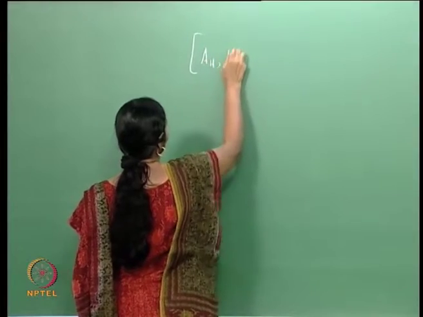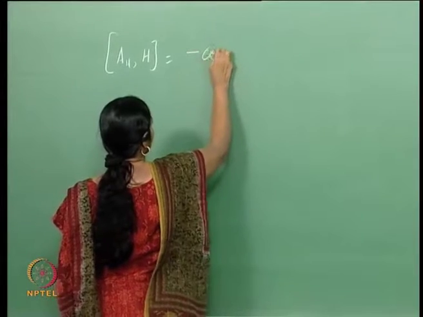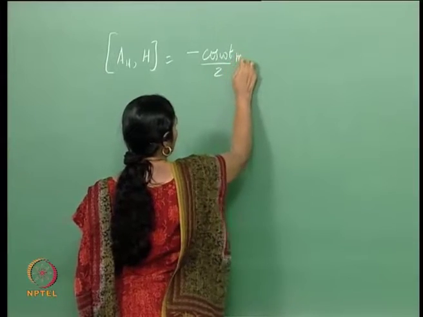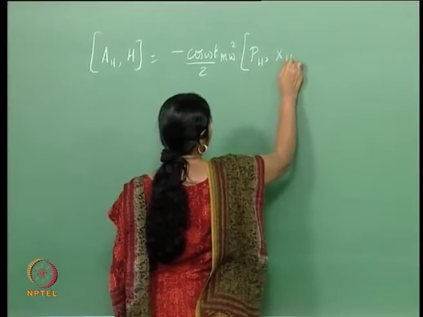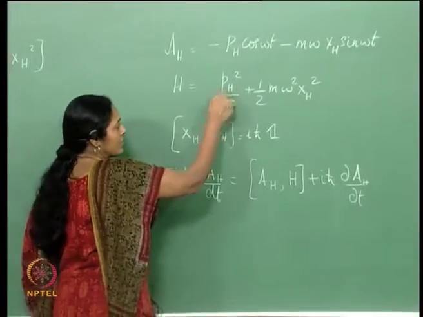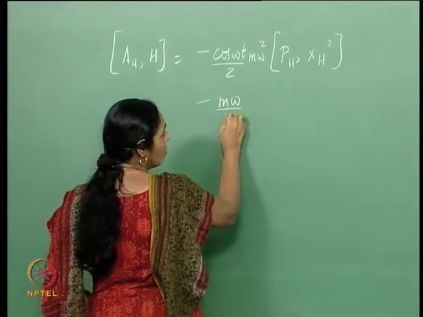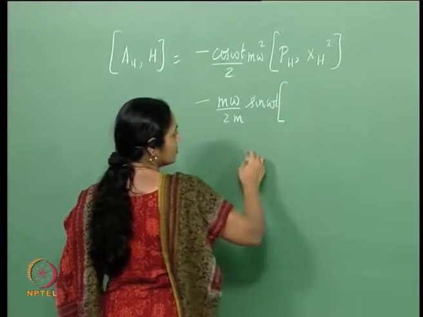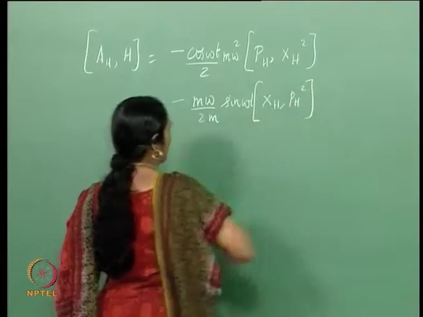So what is the commutator of A with H? It is minus cos omega t by 2m omega squared, commutator of P with x squared, because this anyway commutes with itself. There is another term, minus m omega by 2m sin omega t, commutator of x with P squared.